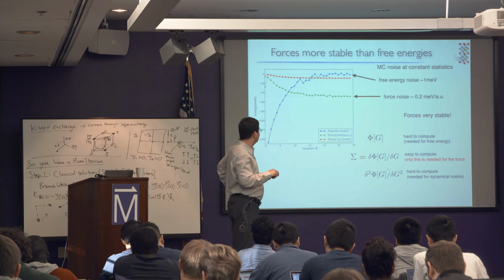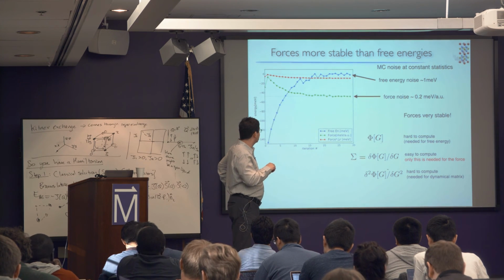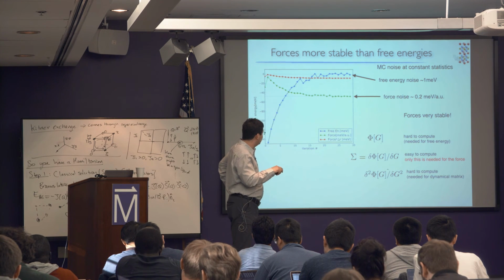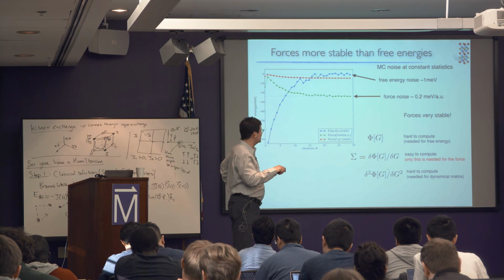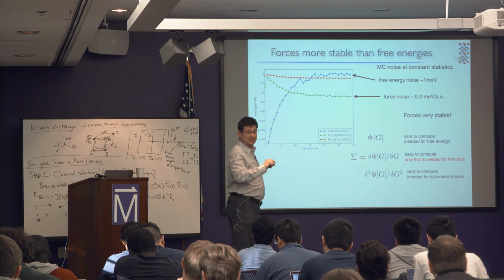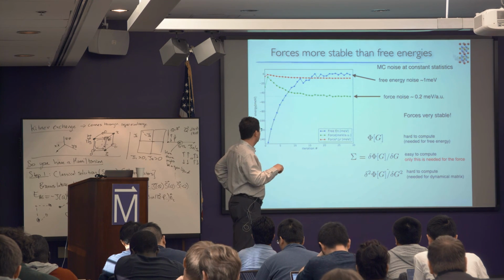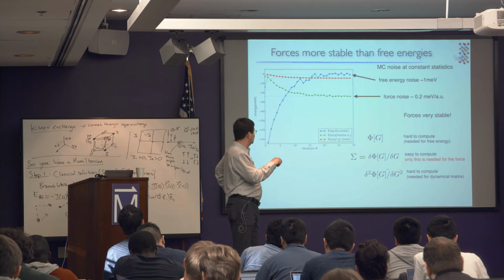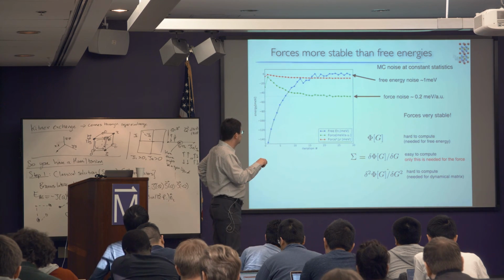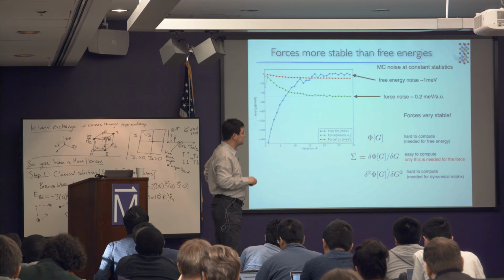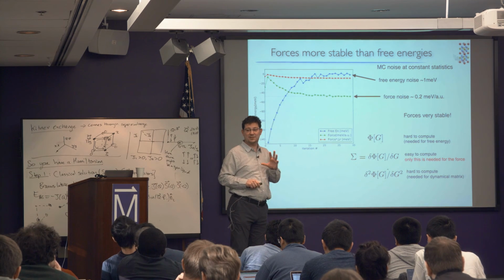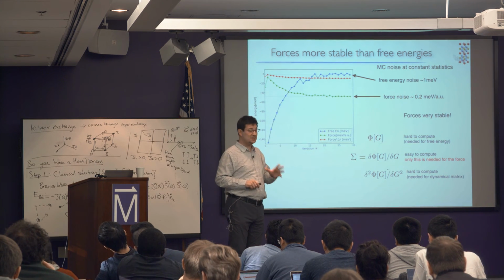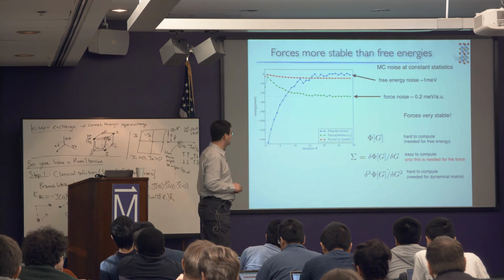But then if we calculate the force, the force has much smaller noise, and moreover, we need to multiply the force with the distance, the typical distance by which we move the atoms. This expression is equivalent to this, just shifted away, but otherwise it should be the same number. So the noise for the free energy is way smaller, almost more than 1 order of magnitude smaller.